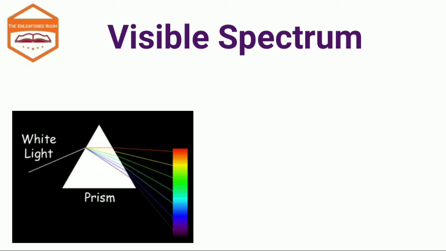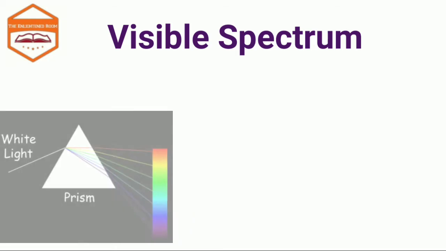We have already discussed in the previous video that when a beam of white light is passed through a glass prism, it splits up into a band of 7 colors. This band of 7 colors is obtained on the screen on passing white light through a prism, and this is known as spectrum.